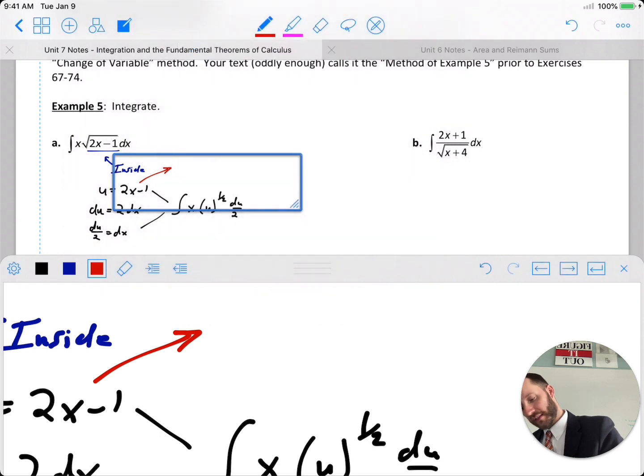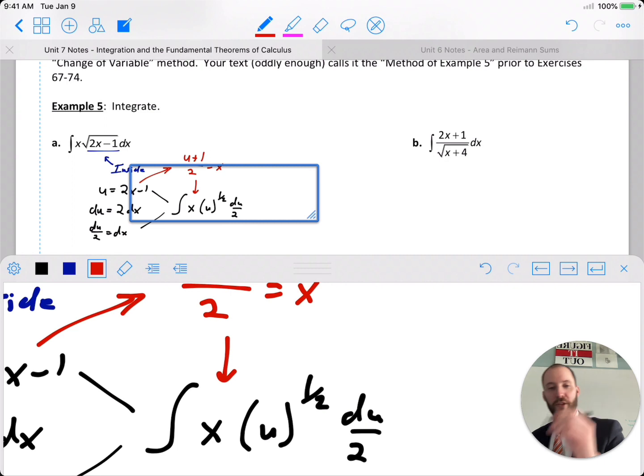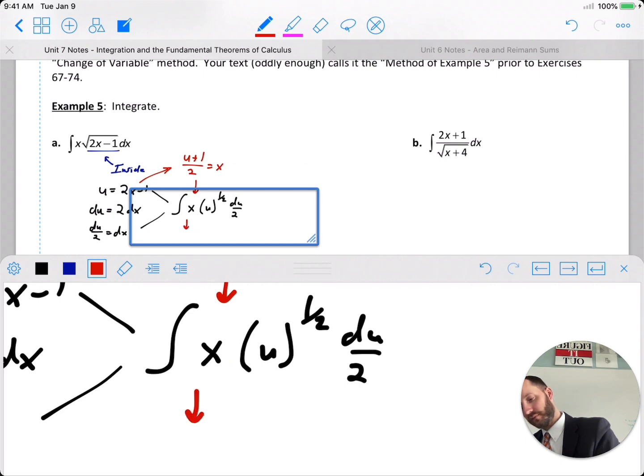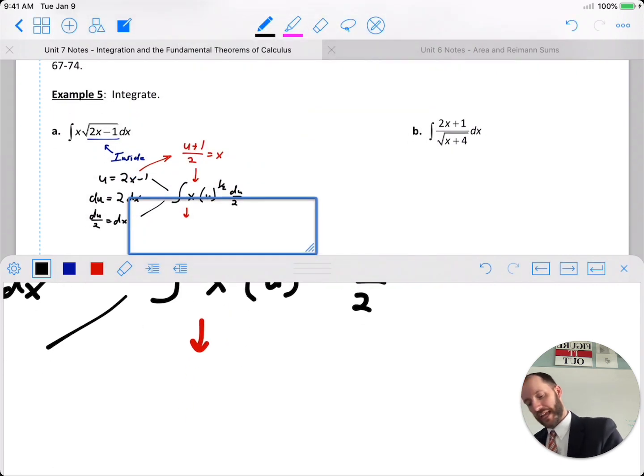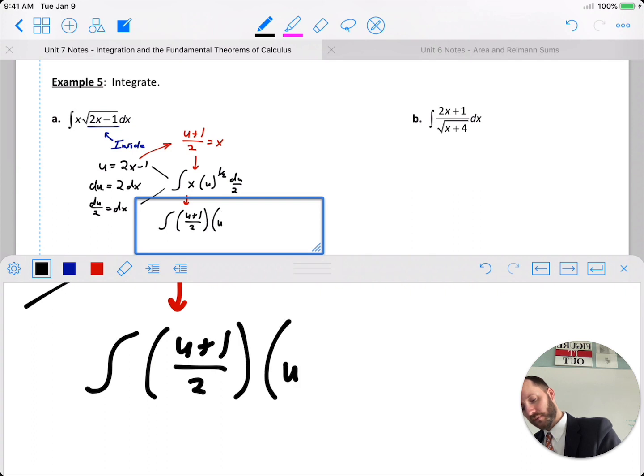solve it for x. So u plus 1 over 2 equals x. And then the remaining x after your first u sub, plug that in. So we end up with the integral of u plus 1 over 2, u to the 1/2, du over 2.